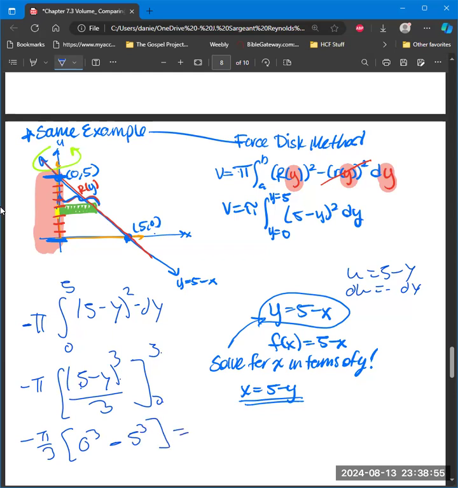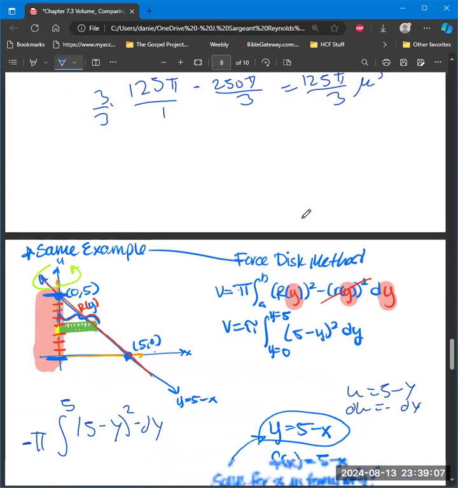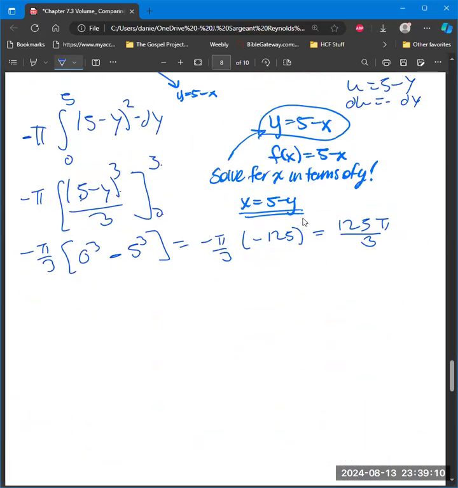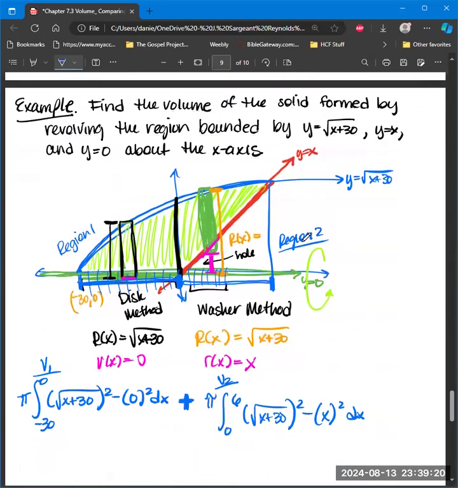It's going to be negative pi over 3 times a negative 125. It's actually 125 pi over 3. I don't think that that one was so bad to get the same answer that way, but it's your choice of whether you want to use the disk washer method or the shell method on a problem like that.